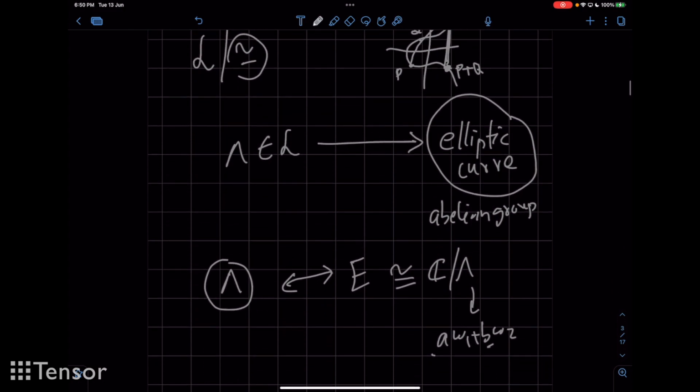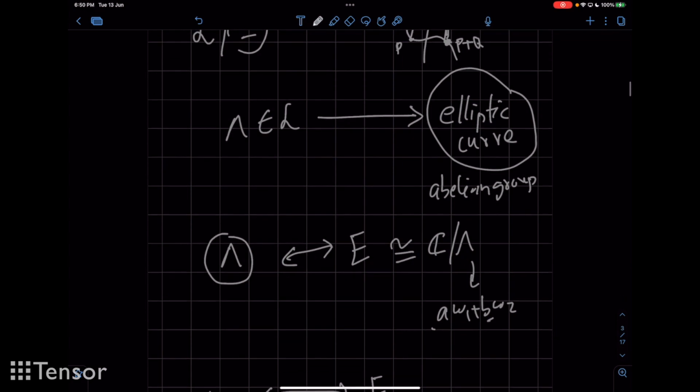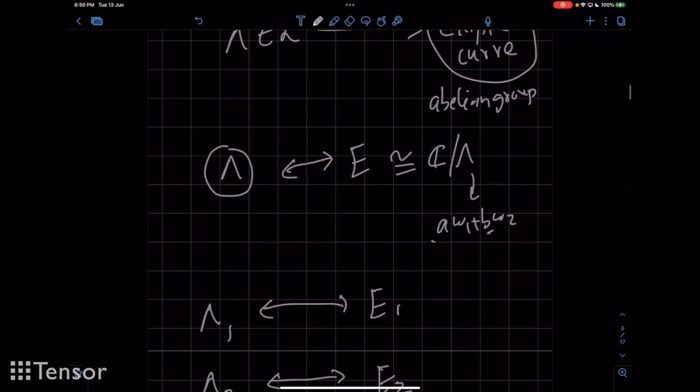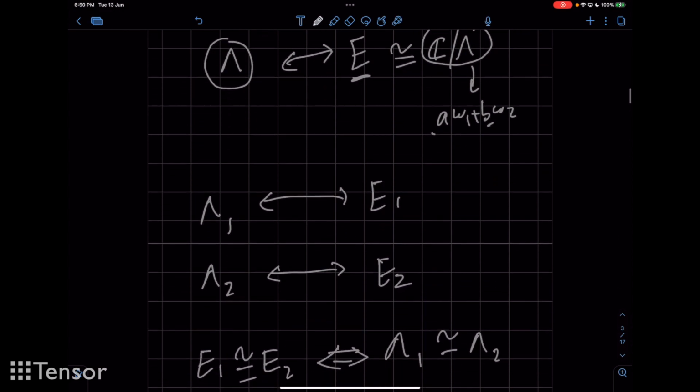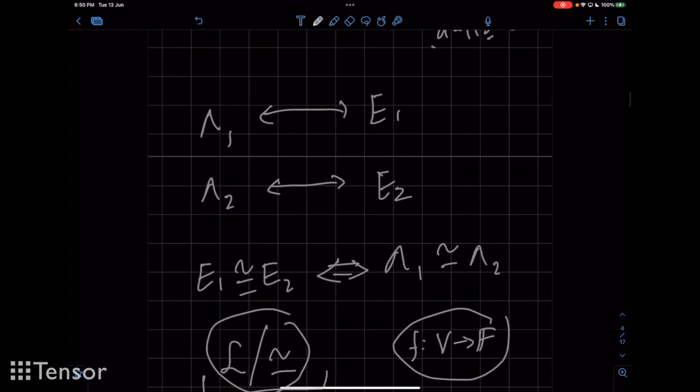As I mentioned, all lattices correspond to an elliptic curve and vice versa. One can prove that an elliptic curve is isomorphic to this quotient group. Let's say I have two lattices, lambda 1 and lambda 2, and they correspond to two elliptic curves E1 and E2.